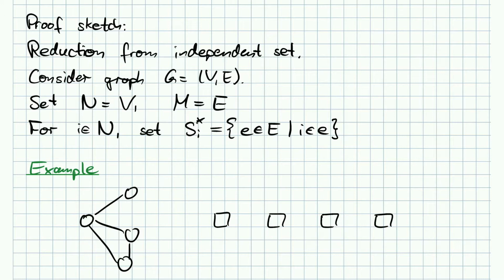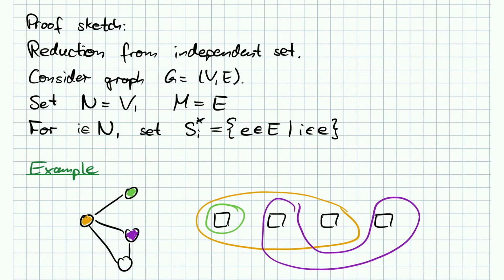For example, we might have this bidder who wants to get the first 3 items. Then we'll have this bidder who only wants the first item. We'll have this bidder who wants the second and the last item. And we'll have this bidder who wants these 2 items.